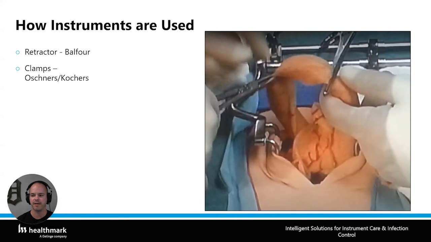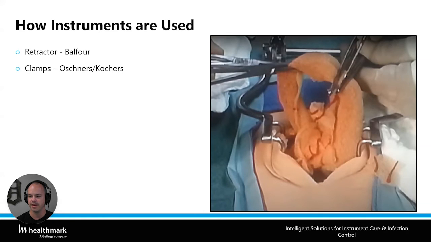So here we have a section of bowel that has now been freed from its blood supply. And so you can see there's a clamp being placed across there and another clamp right there. So they're getting ready to resect that part of the bowel. So now they have 2 clamps on each side, and they're going to cut in between those clamps.